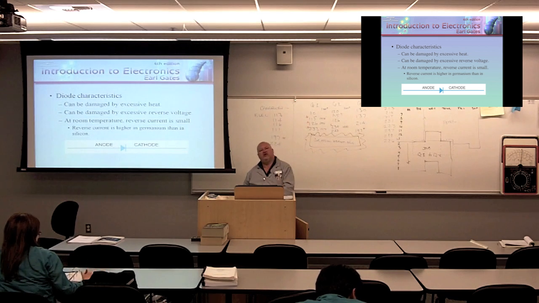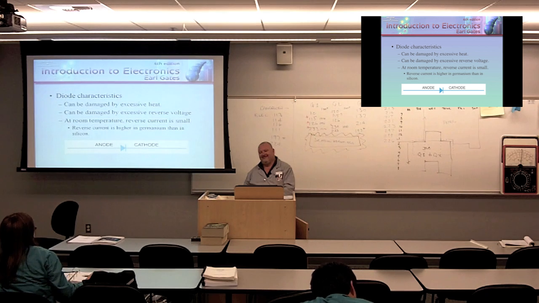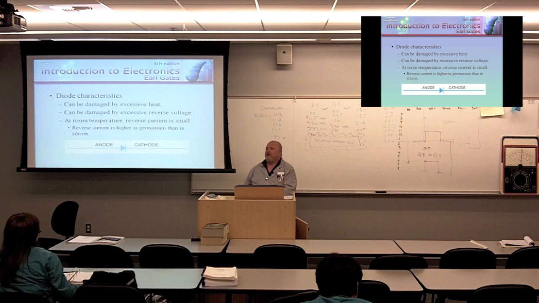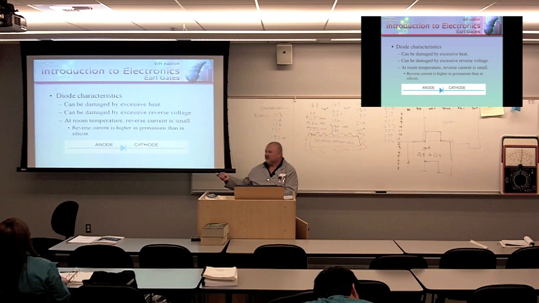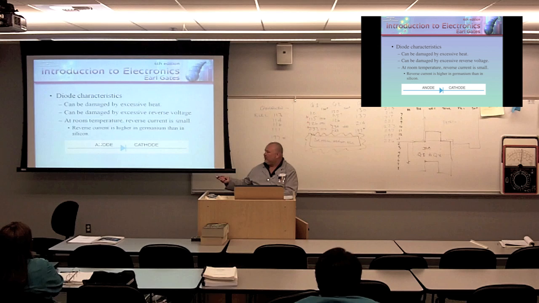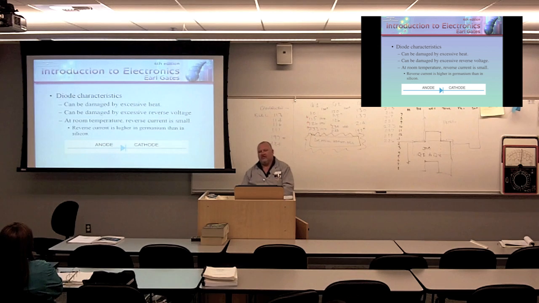In order for you to make current flow right to left, what polarity do I need to put on my cathode to turn this device on? What polarity do I need to put on my anode to turn this device on? I need to put a negative on the cathode and a positive on the anode. That way current will flow against the arrow.